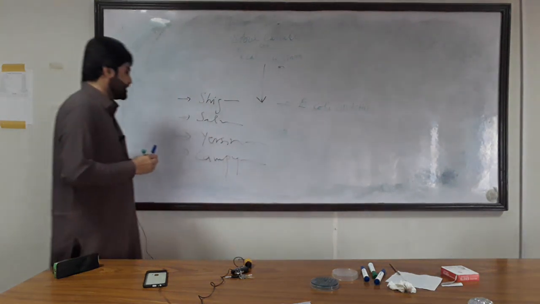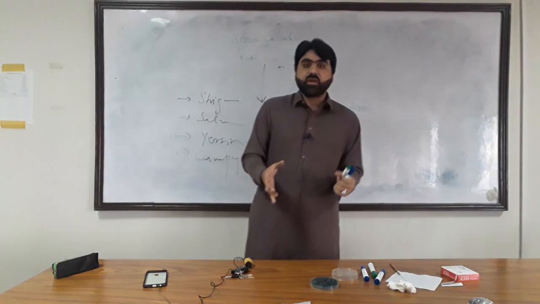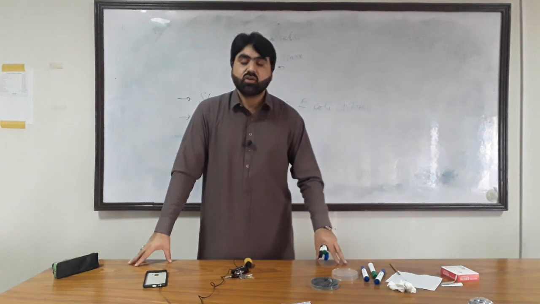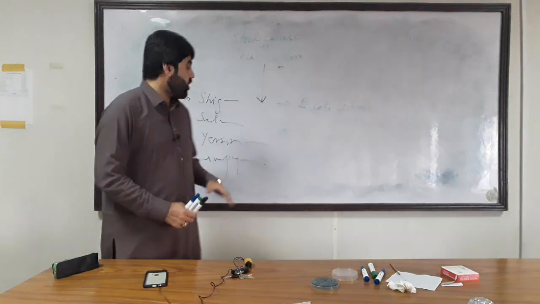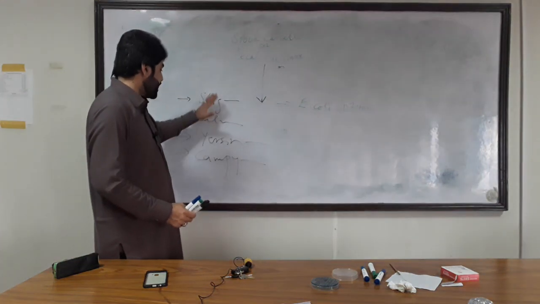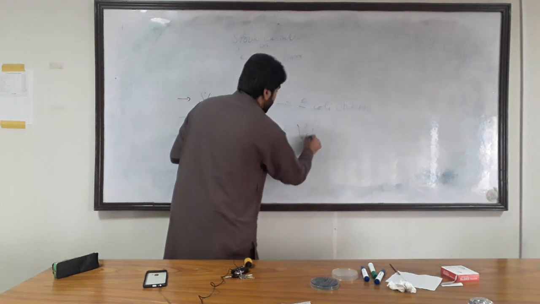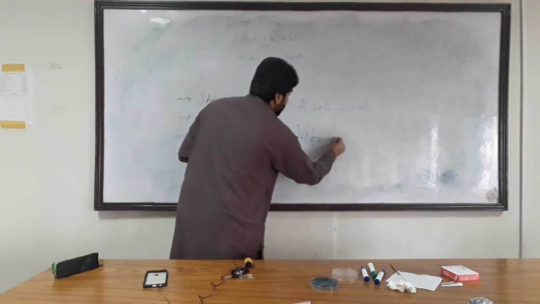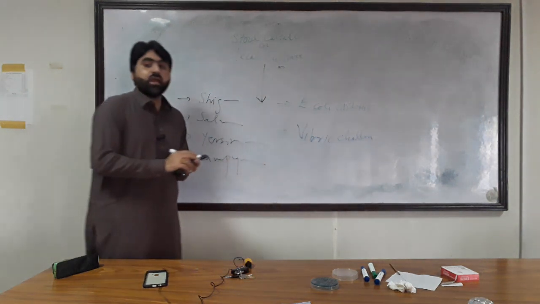These are the most common pathogens, though there are other pathogens responsible for gastrointestinal infection, but we will focus only on these pathogens, Salmonella, Shigella, and I would like to include one more, Vibrio cholerae, which is also one of the most common pathogens of the gastrointestinal tract.